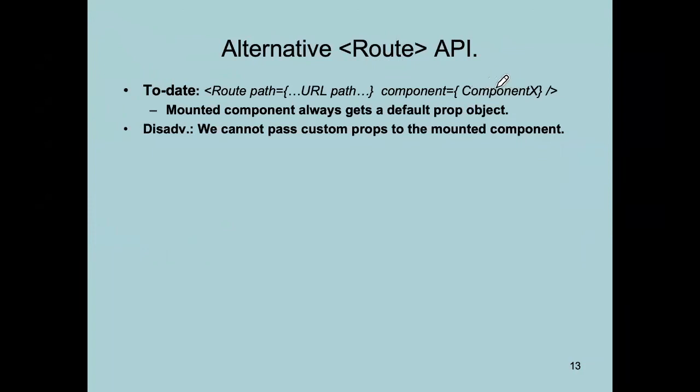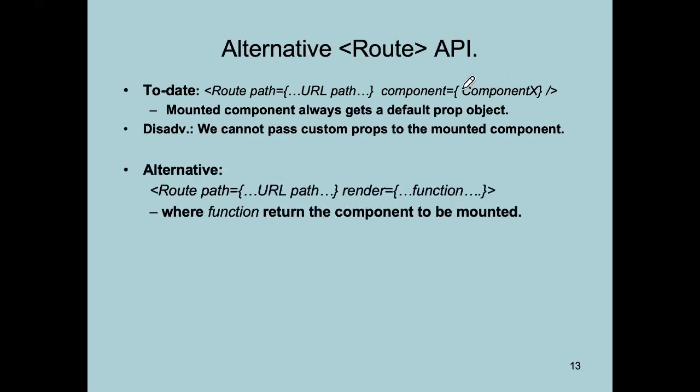So component X in this case. Is there any way we can pass props to that component and express that in our routing configuration? And the answer is yes, but we have to use a slightly alternative form of the route component.